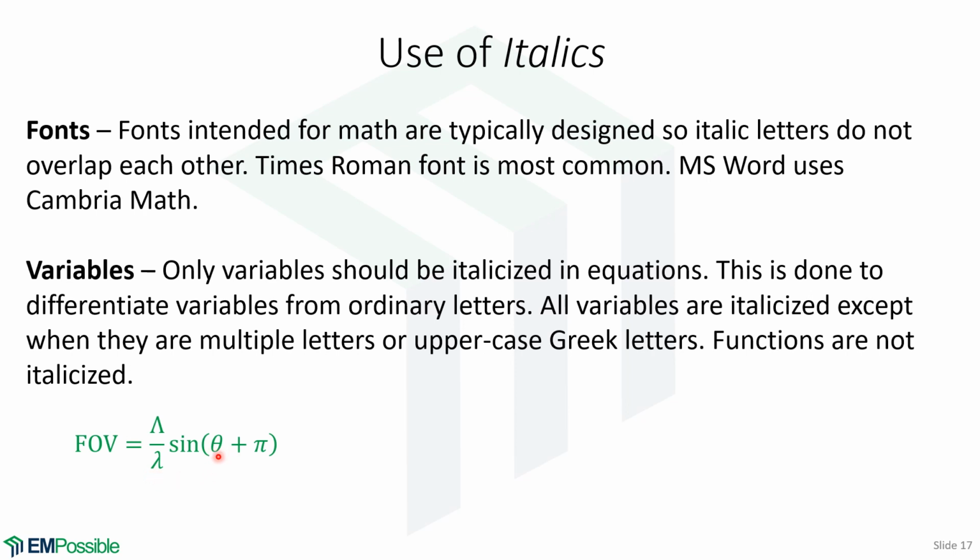We have a lowercase theta, so that's italicized. A pi, that's italicized. Sine, that is a function, so that is not italicized. Our parentheses are not italicized because parentheses are not variables. The sine function is not a variable. So if it is italicized, I'm immediately going to assume that it's a variable.